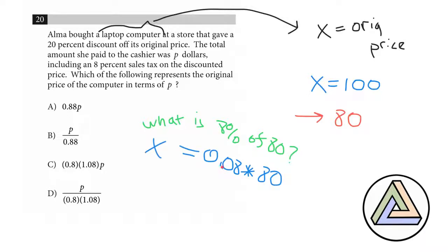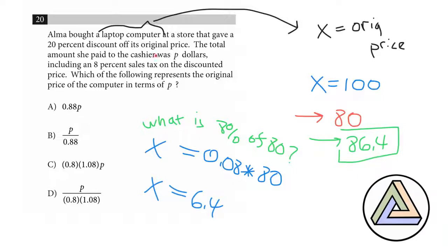So all we have to do is multiply 0.08 times 80, and that is 6.4, also known as $6.40. So really, the person ended up paying $86.4. And that's P, because she paid the cashier P, so that is P.